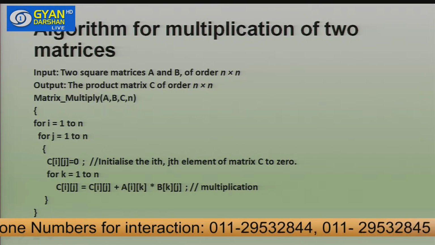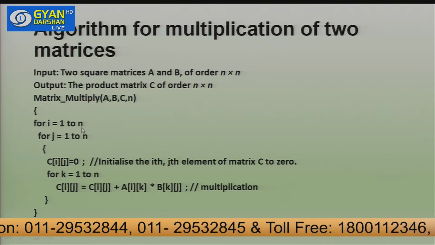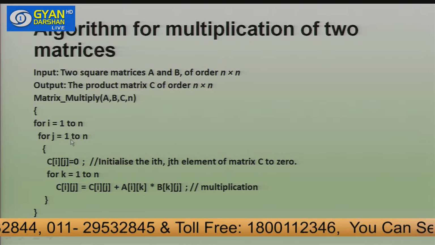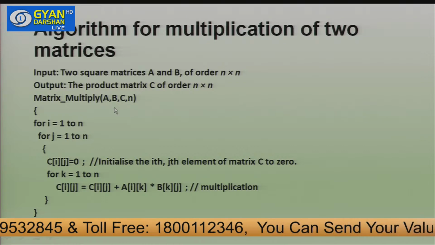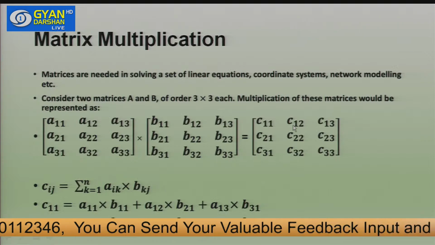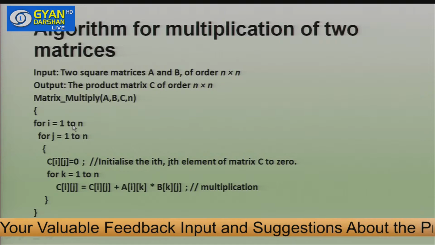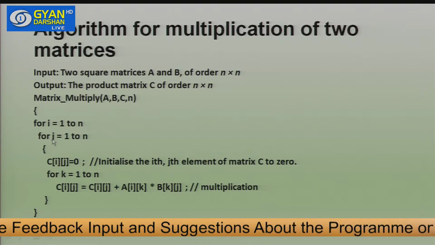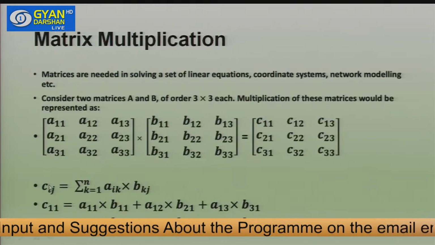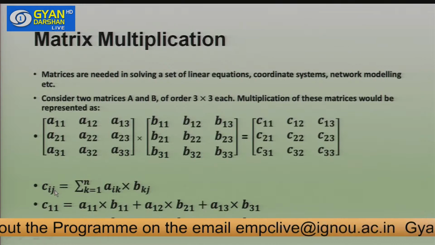And what is the way the whole thing is going to go on? First, for i equals 1 to n, and for j equals 1 to n, because we have to compute each and every value, C11, C12 and all that. This is Cij, so we are doing it for all i's and j's.